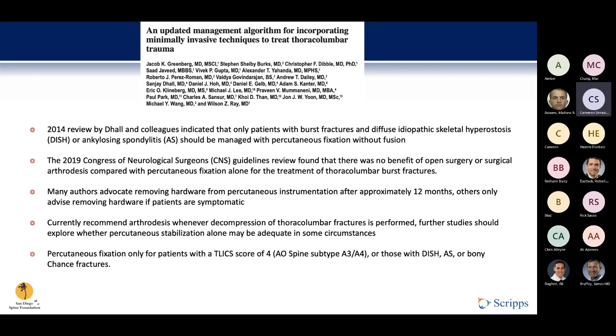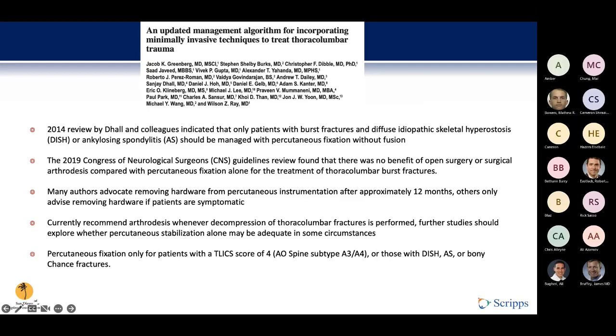And then in 2019, the Congress of Neurologic Surgeons found that there's no benefit of open surgery or surgical arthrodesis compared with percutaneous fixation alone in thoracolumbar burst fractures. And then once again, regarding removal of instrumentation at 12 months, a lot of people in these guidelines recommended only removing it if the patient was symptomatic.